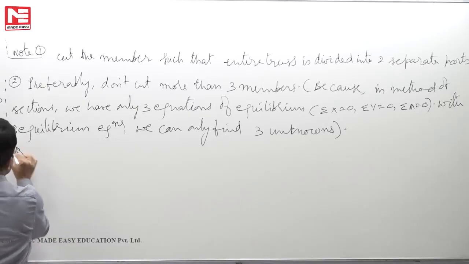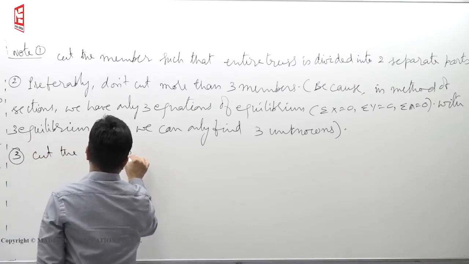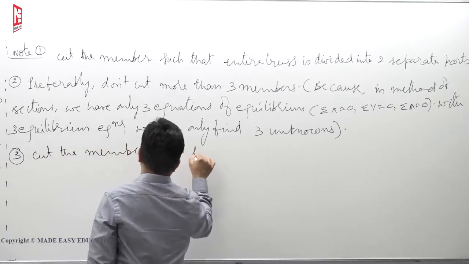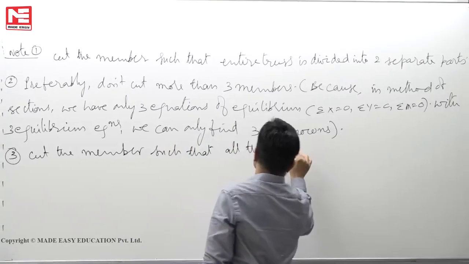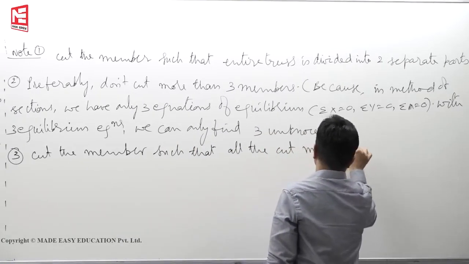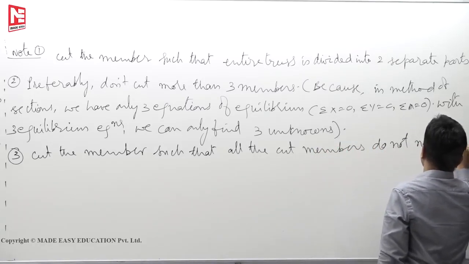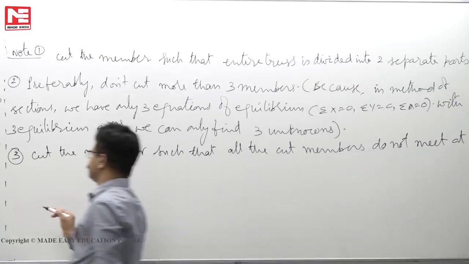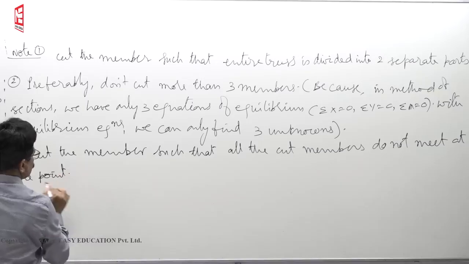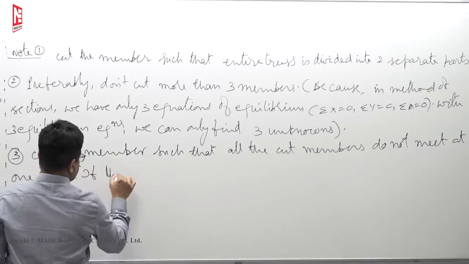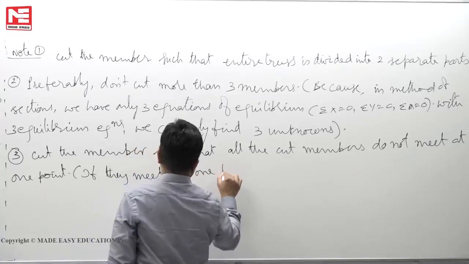Then third point is, cut the members such that all the cut members do not meet at one point. So what happens if they meet at one point?